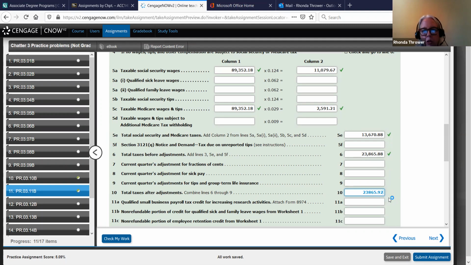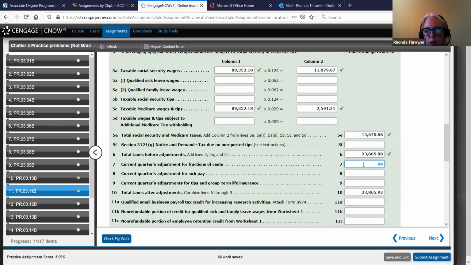And the way we're going to do that is we're going to take line 10's amount, 23,865.92, and we're going to subtract line 6 from that, 23,865.88. The amount is 0.04.